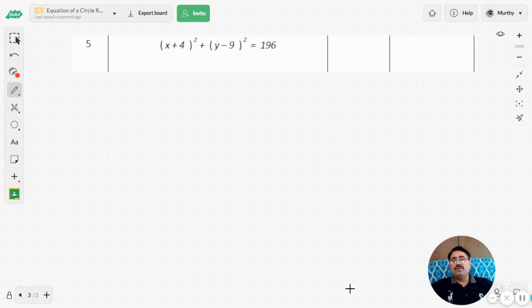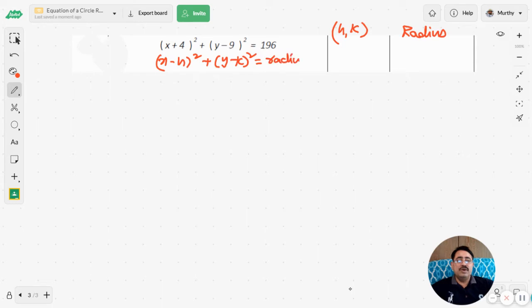This is similar to the previous one. You are asked to find the same thing, that is the center and the radius. So let me write the formula: (x − h)² + (y − k)² = r².